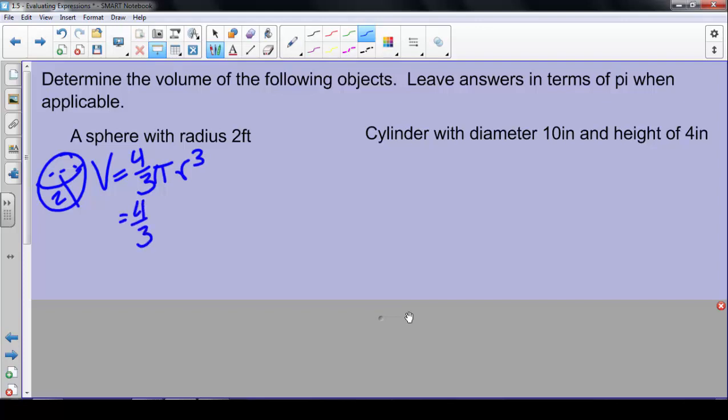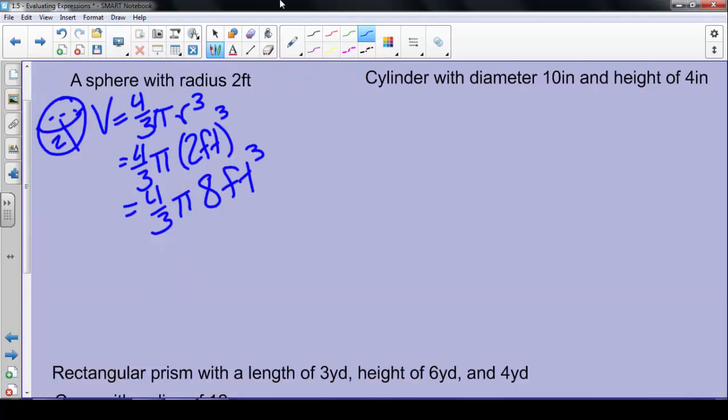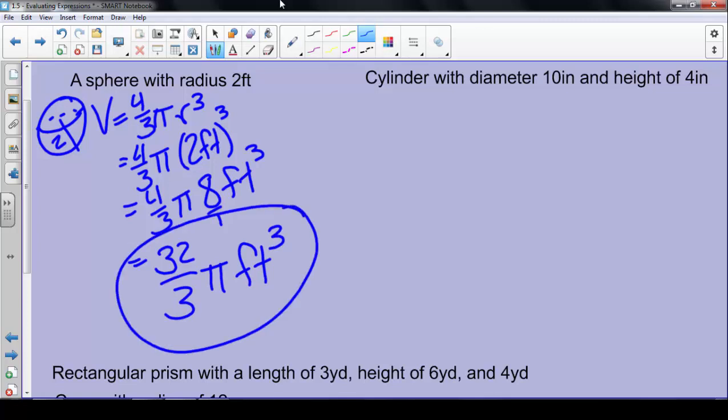So our radius is 2 cubed, 2 feet cubed. 2 cubed is 8. 4/3 times 8. You can put this 8 over 1. 4 times 8 is 32 over 3 pi feet cubed. And you can leave your answer like this for this class.